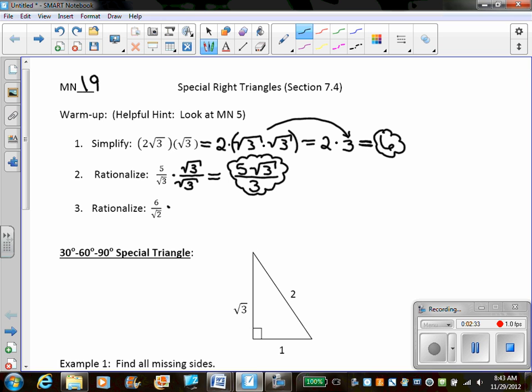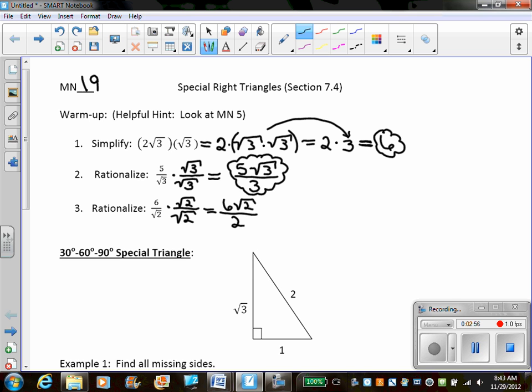You're going to multiply the square root of 2 on the top and the bottom, just like we did in number 2, but in this case it's square root of 2. You multiply across, so you have 6 square root of 2 over square root of 2 times square root of 2, which is 2. And we are almost done. Just like number 2, we for sure cannot divide that denominator of 2 into the square root.